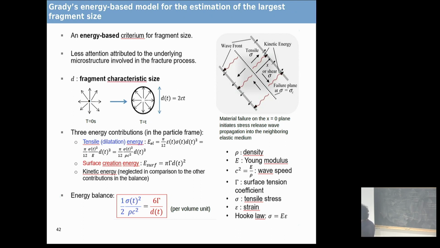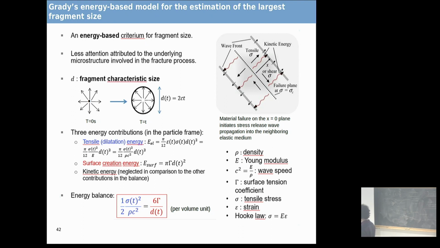It is based on an energy criterion for fragment size, and the approach is not to pay attention to the microstructure of the impact. At t equals 0, you have a flow inside the ice particle, and after a while this flow propagates with fragments whose diameter is proportional to time and c, which is the wave speed inside the particle.